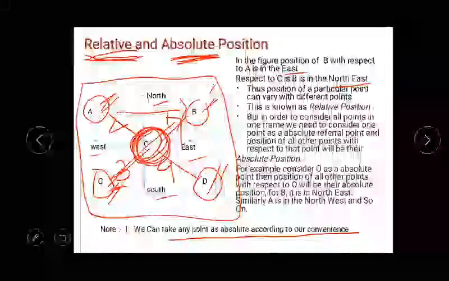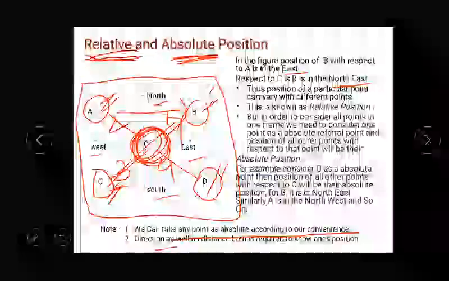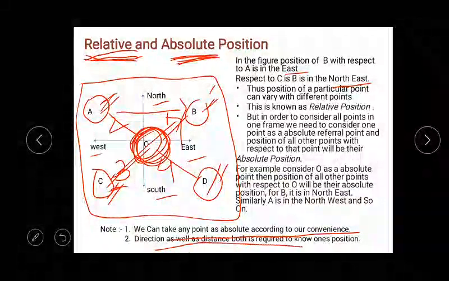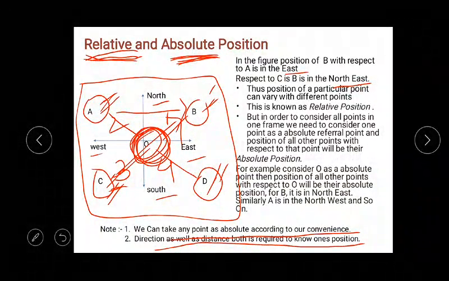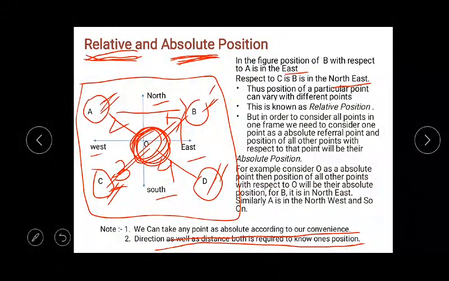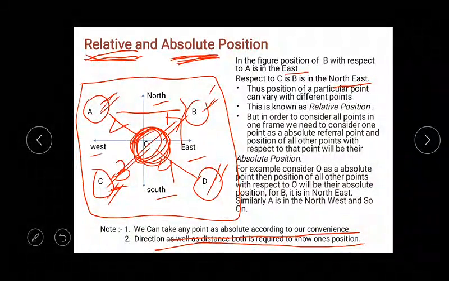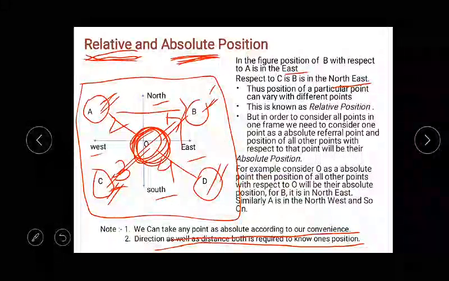The next point that we should remember is that direction as well as distance both are required to know one's position. If we want to know the position of an object, we need to know the direction as well as the distance for understanding the position of an object. Okay, clear with that?